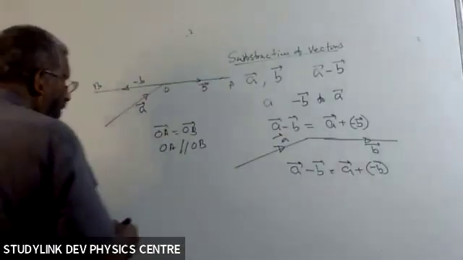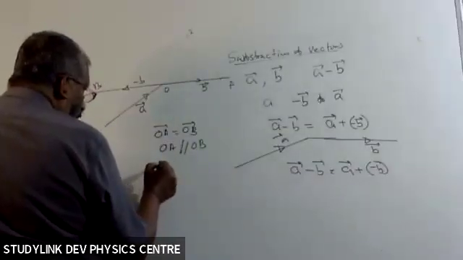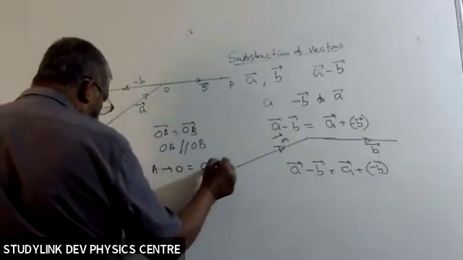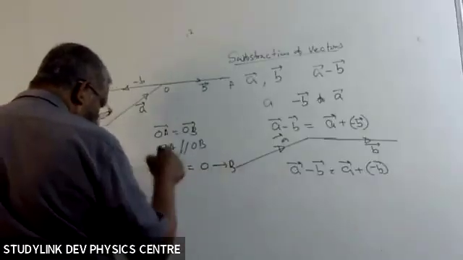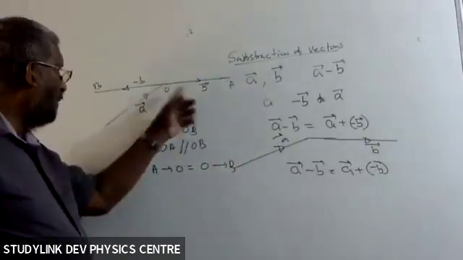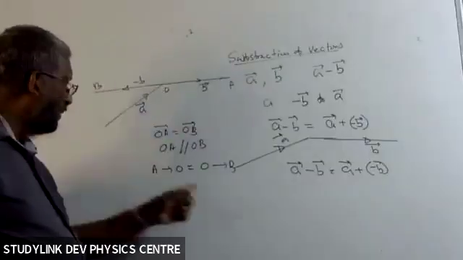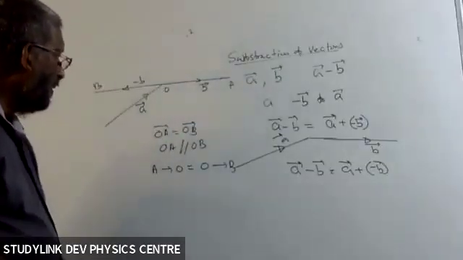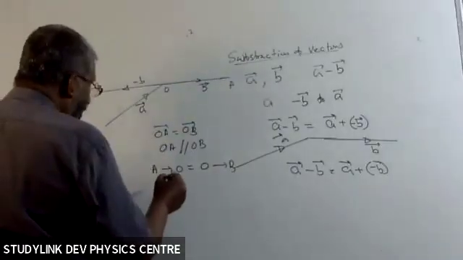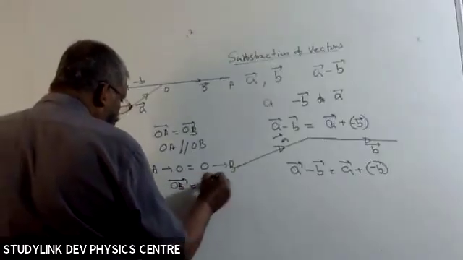Then the direction O to A or A to O is equal to O to B. I change the direction. That means normally OA and OB are opposite, so AO and OB are the same. Therefore, vector OB is equal to minus B.